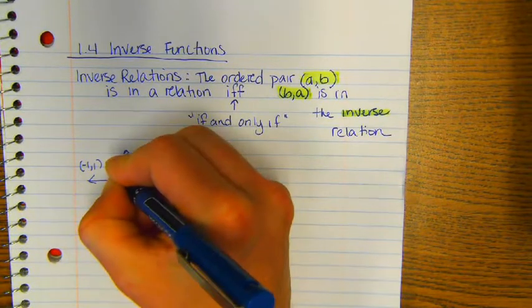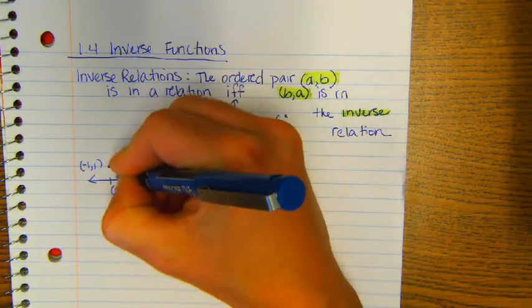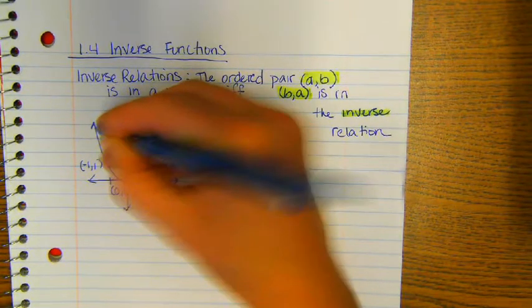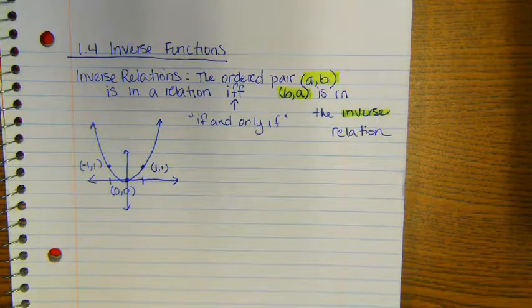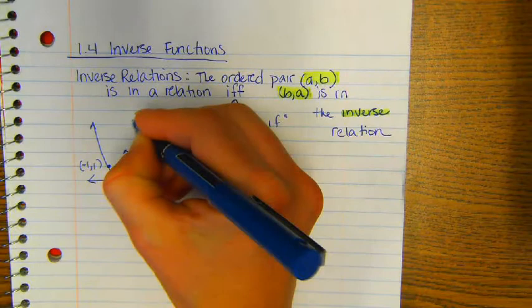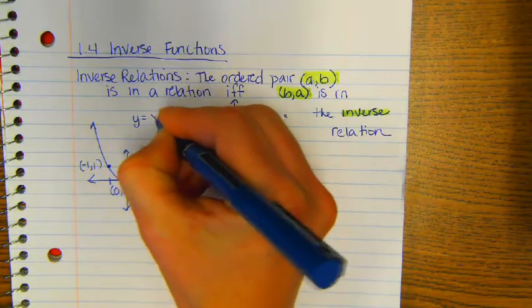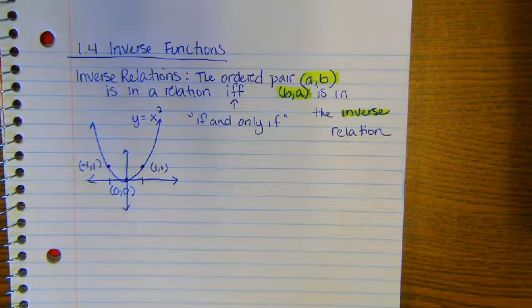Okay, then draw your parabola, and this is the equation y equals x squared.